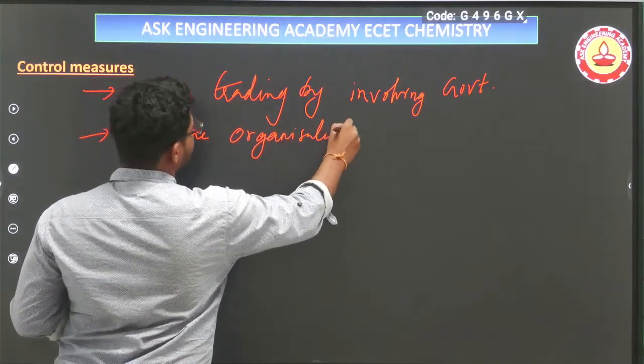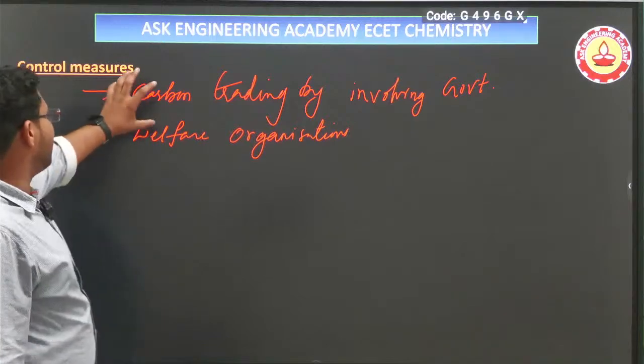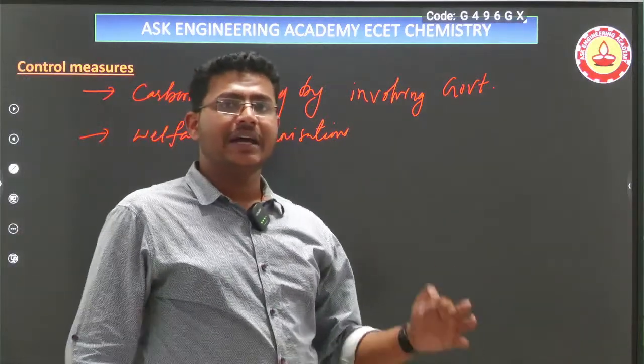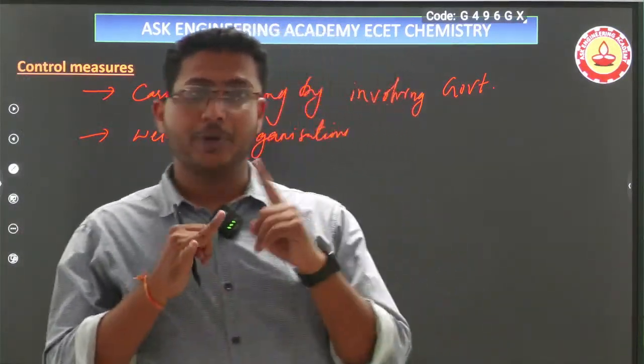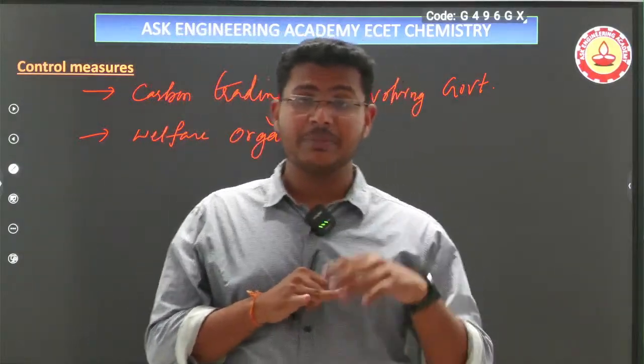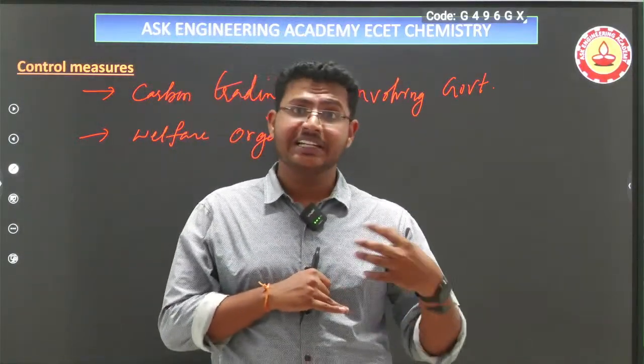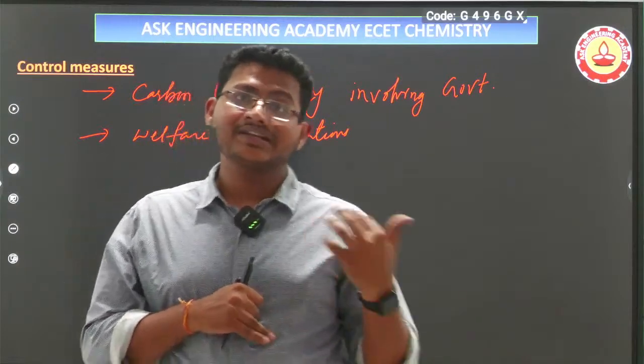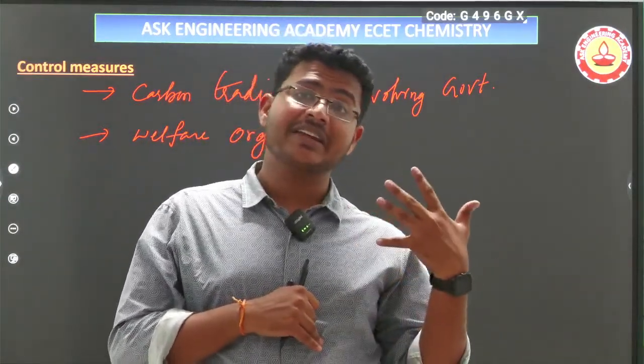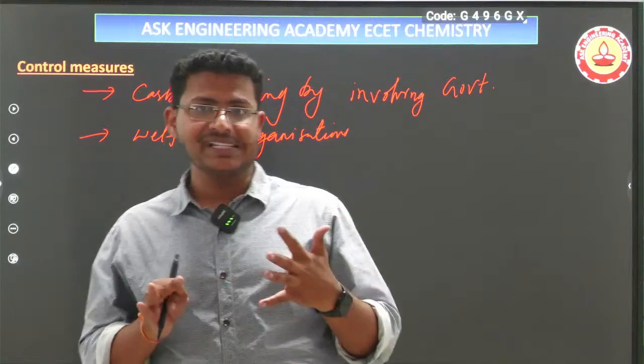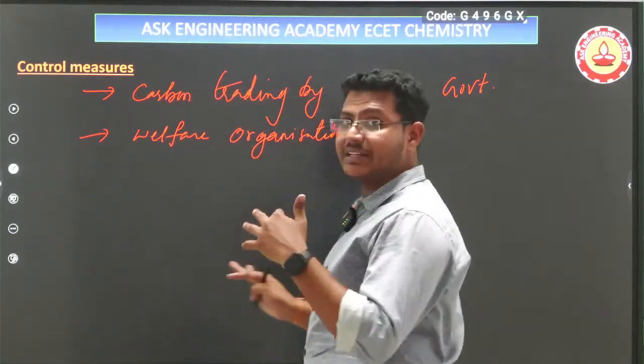So these are the important control measures for carbon trading. Proper policies should be made, with proper implementation of carbon trading rules and regulations by international standards, and international laws should be framed by various international governments. So carbon trading can be monitored.